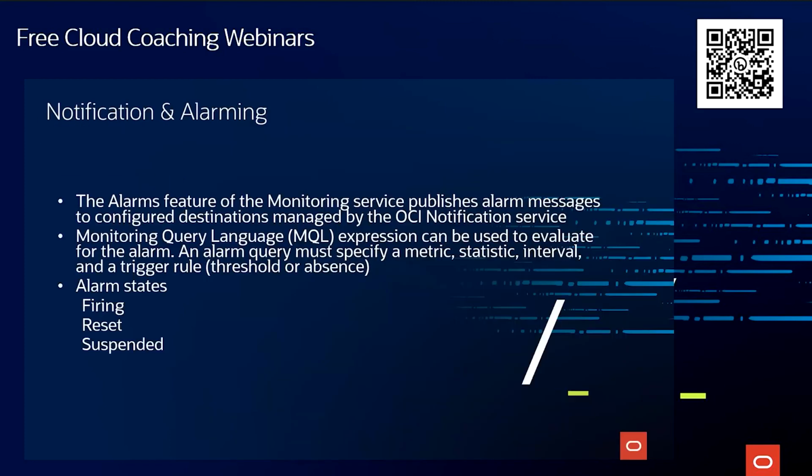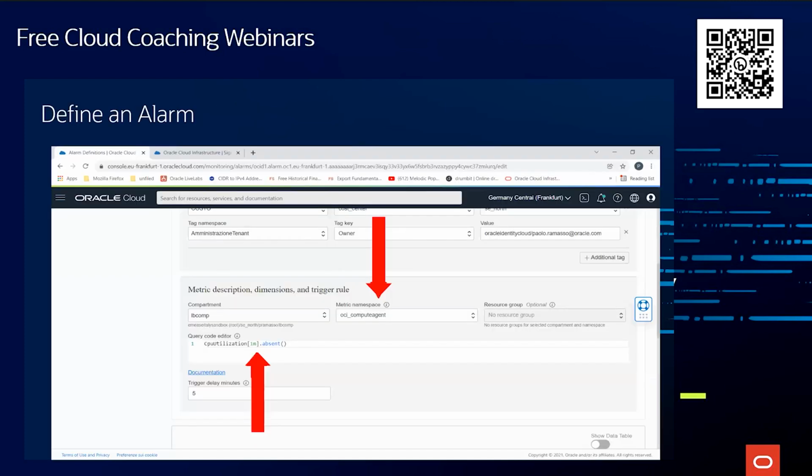Alarming means that you can set an alarm on any resource within OCI. I picked the load balancer this time because we are talking about networking, but it could be anything.